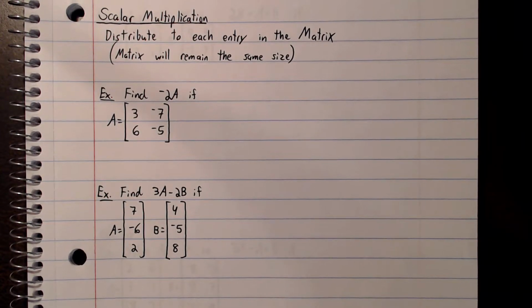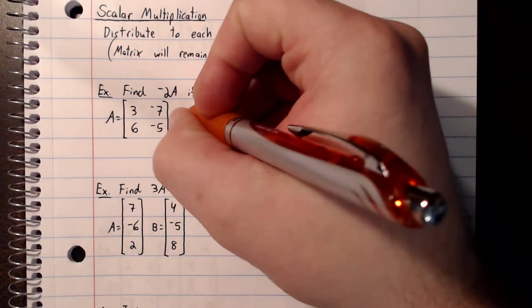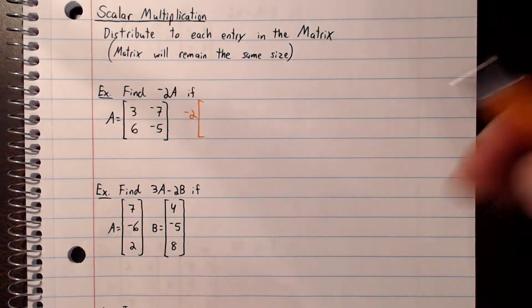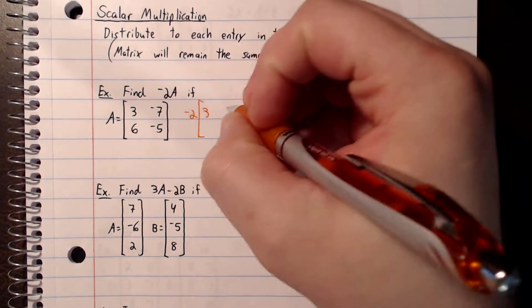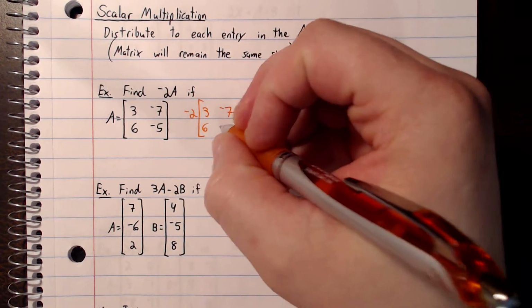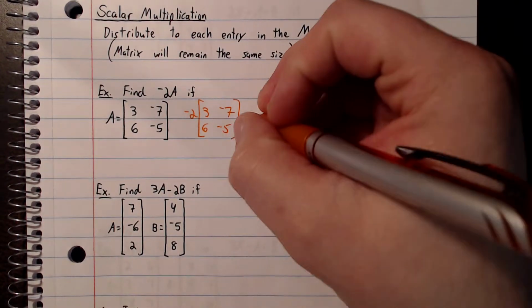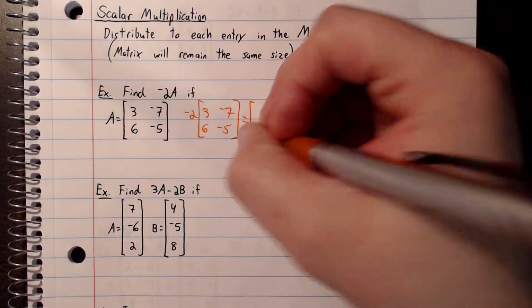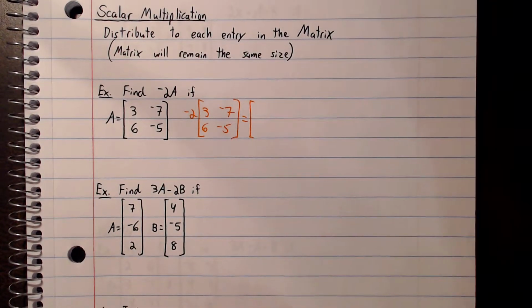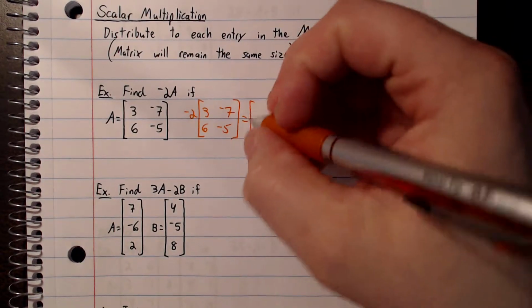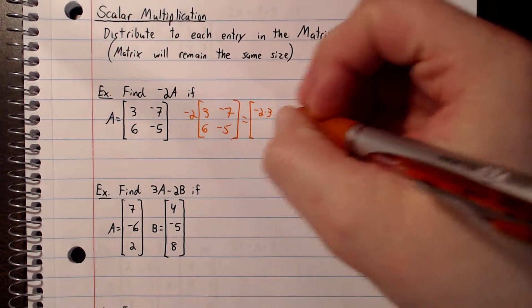Pretty easy to do. We're just going to distribute -2 into each of these terms. Again, I'm going to show you this middle step, and later on you can skip it if you'd like. That's completely up to you.